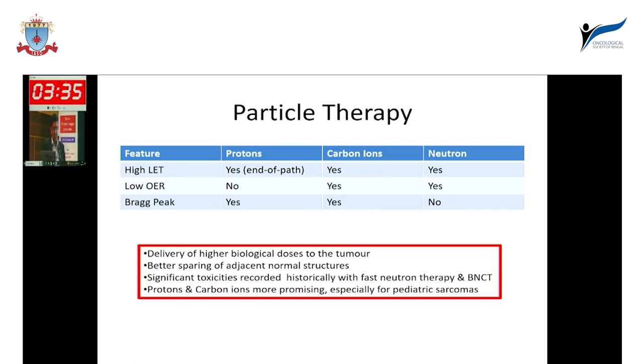They can deliver higher energy and are less influenced by hypoxia, which is sometimes an issue. And because some of them have something called a Bragg peak, we're able to confine the dose without an entry or an exit dose. But having said that, in the real world, it is still beyond the reach of 99% of patients, and we have to enable them to access it in a more meaningful way.